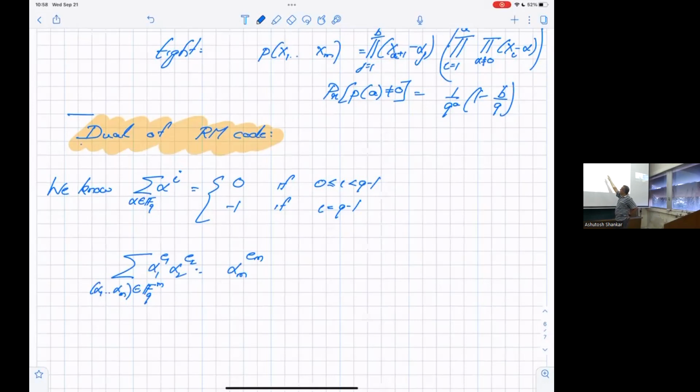And if any one of the e_i was less than q minus 1, this turns out to be 0. So this is, by definition, the product over i going from 1 to m of the sum over alpha_i in F_q of alpha_i to the e_i.